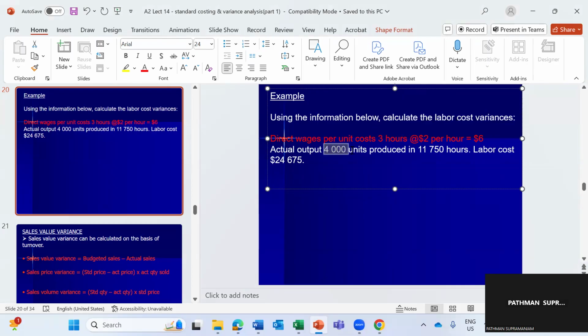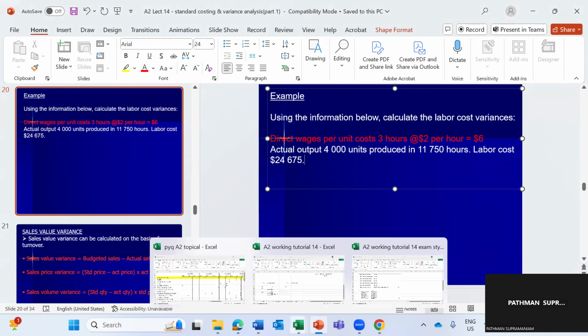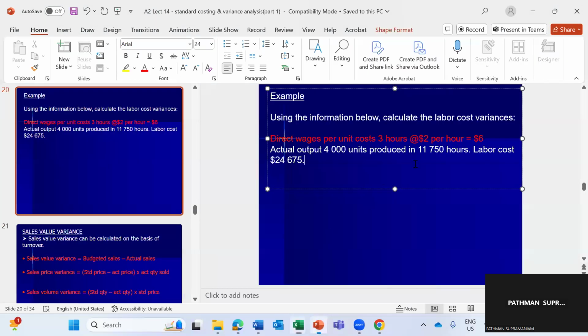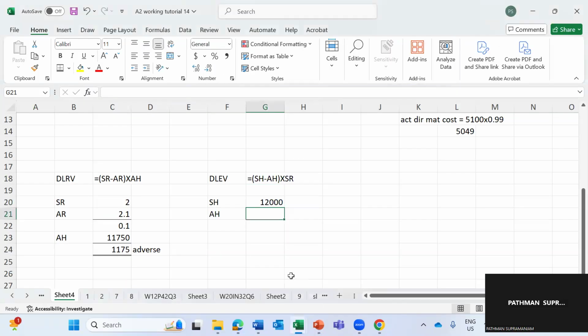So to produce 4,000 units, they're supposed to finish the job in 12,000 hours. So 3 times 4,000 gives us 12,000 standard hours. Actual hours, they actually took less than 12,000. They took 11,750 hours, which means labor saved time.